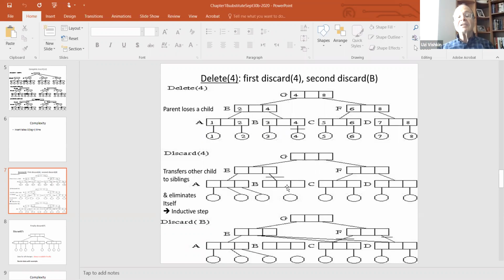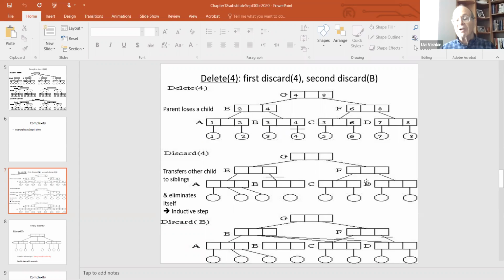So what will I do next? I will do exactly the same. I will look to my sibling, and if my sibling, again, has only 2 children, I have no way but to discard one of the nodes. And which node will I discard? It's a matter of the arbitrary way in which to design your algorithm. I could have discarded E or F. It doesn't matter.